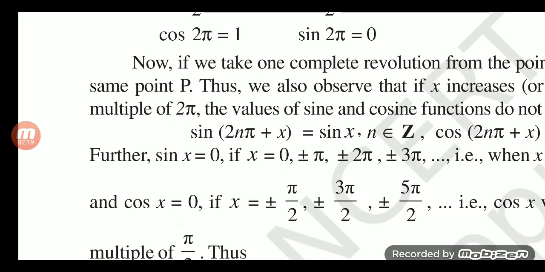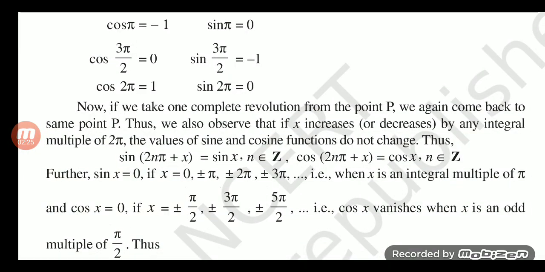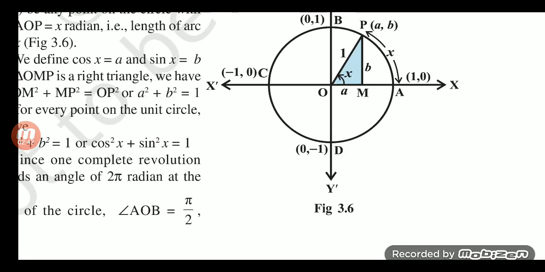So now if we take one complete revolution, let's see what the textbook is trying to say further. There's a small exercise that you have to do. It's very easy from what I've explained in the last part of the last module. So now if we take one complete revolution from point P, what is the point P?